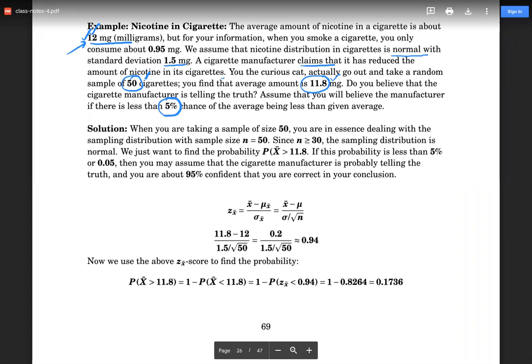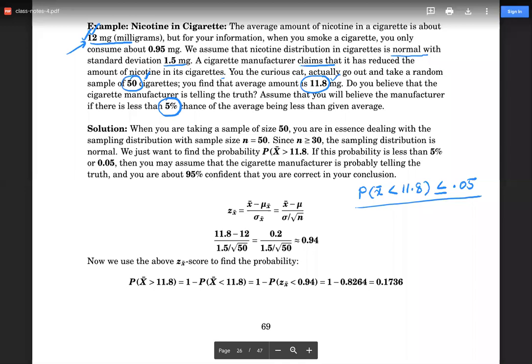So if from our calculation we find the probability of X bar being less than 11.8 is less than or equal to 0.05, then we will say the cigarette manufacturers are telling the truth, probably.